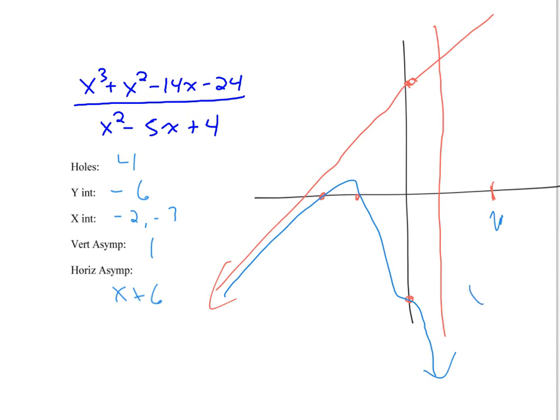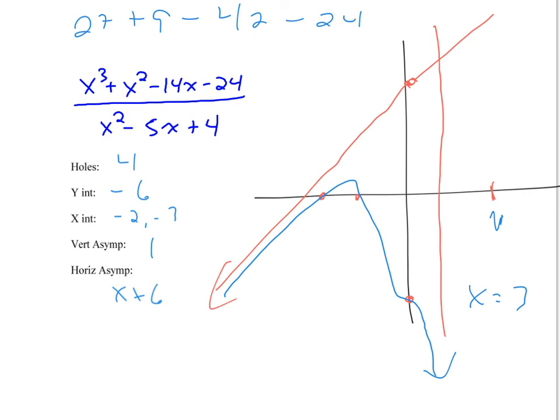So if x equals 3, I can throw 3 up into the top. I'm going to get 27 plus 9 minus 14 times 3. 14 times 3 is 42. Minus 24.